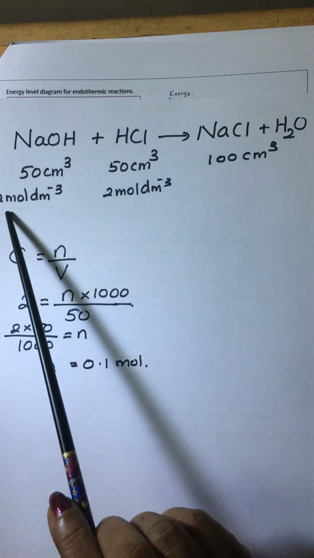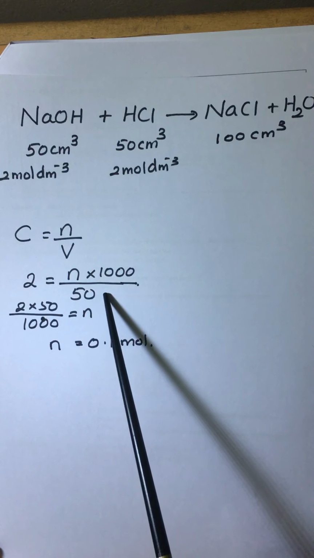How many moles of sodium hydroxide did we take? You can use this equation: concentration is equal to number of moles over volume. Here the concentration of sodium hydroxide is 2, and the number of moles we have to calculate. The volume is 50 cubic centimeters. To convert to decimeter cube you have to divide by 1000.